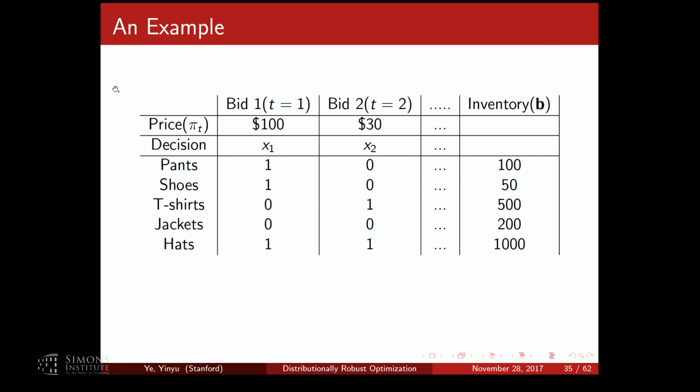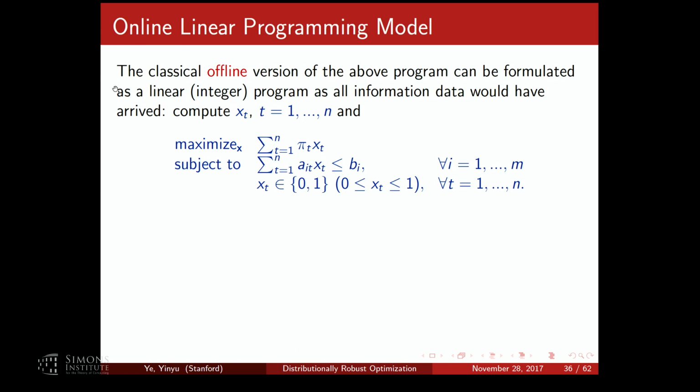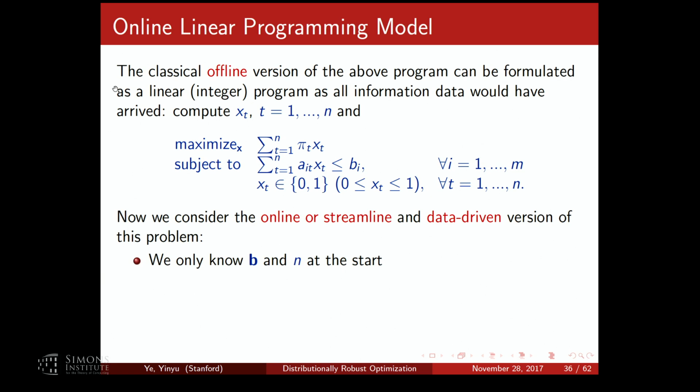So you can formulate the so-called offline linear packing problem, and you maximize the sum of pi_t x_t. The pi_t are those dollars, the bids. a_it is 0 or 1, indicating which item is of interest. x_t is your decision variable, 0 or 1. You can relax this, so this is an LP problem.